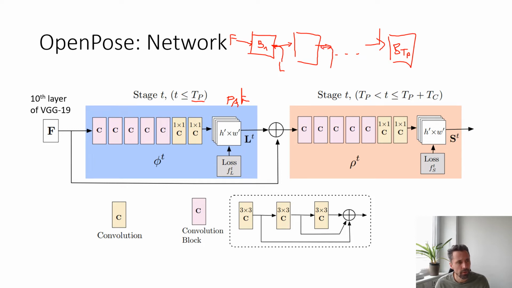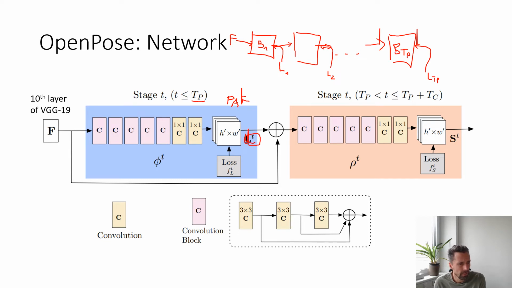And now the cool thing is the early block B1 gets a gradient of the first loss and of the second loss and of all the other losses that happen later in that sequence of losses. So that helps against the vanishing gradient problem.